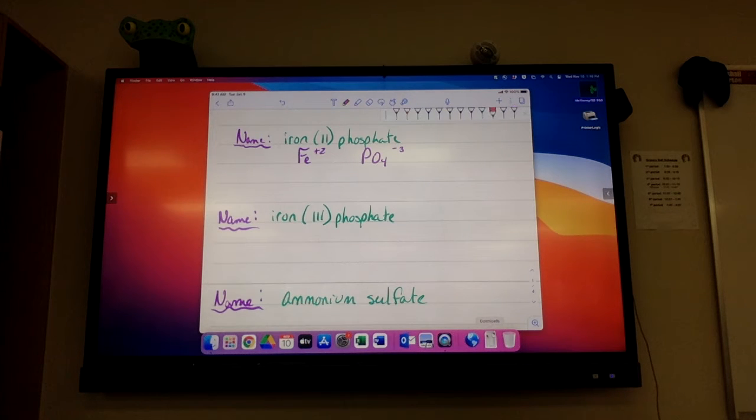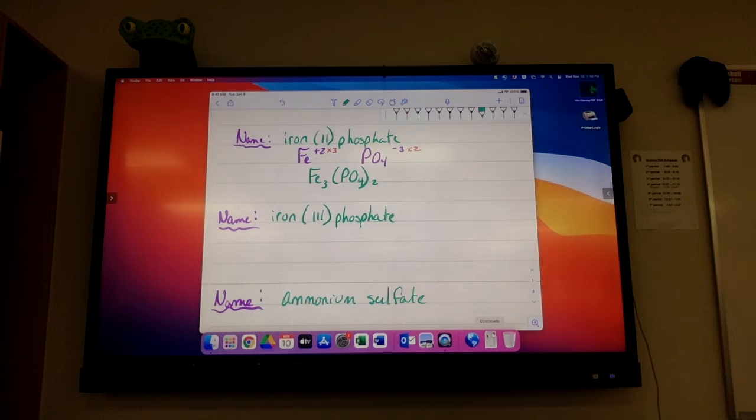So you learned from the other day that means I need 3 of these and 2 of these. Everybody okay with that? So my neutral chemical formula is going to be Fe3, and then in parentheses PO4, 2.